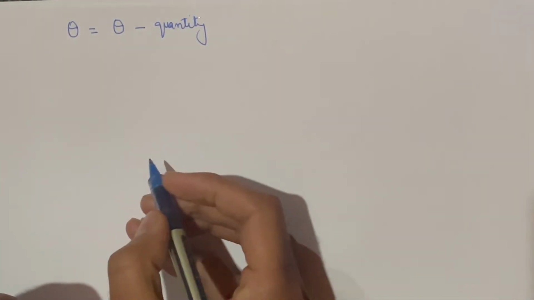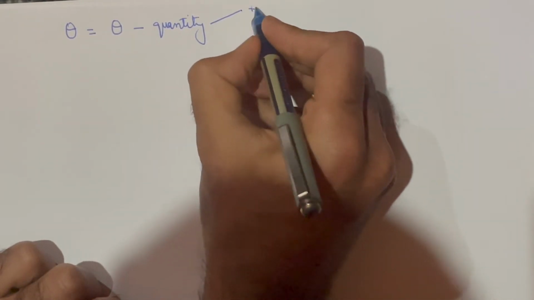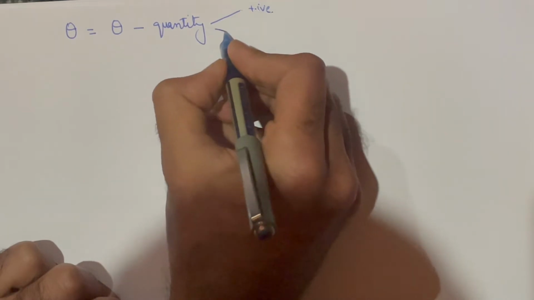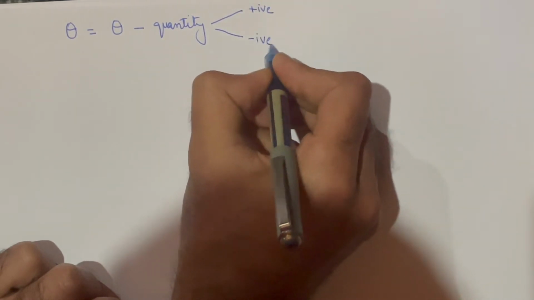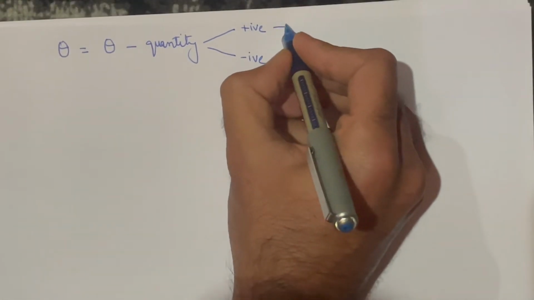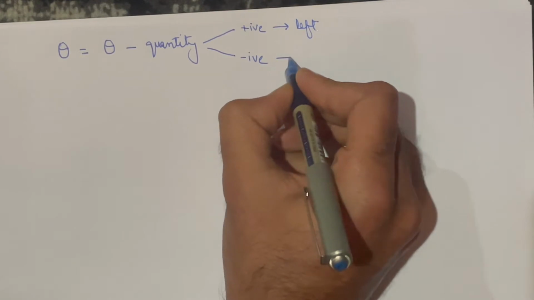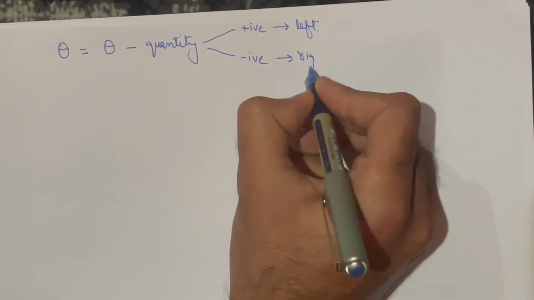And this quantity, as I said, can be positive or negative. This quantity will be positive if we have to move in the left direction, and negative if I have to move in the right direction.